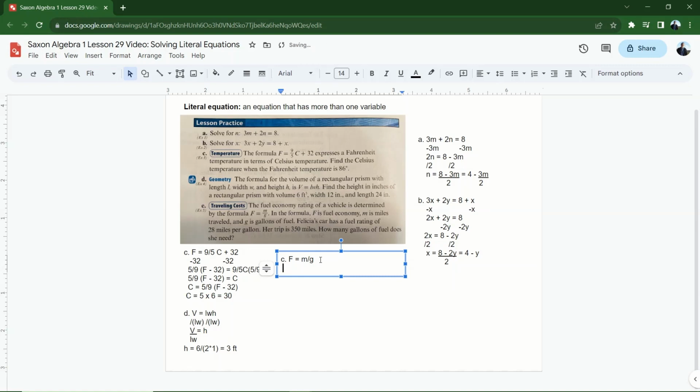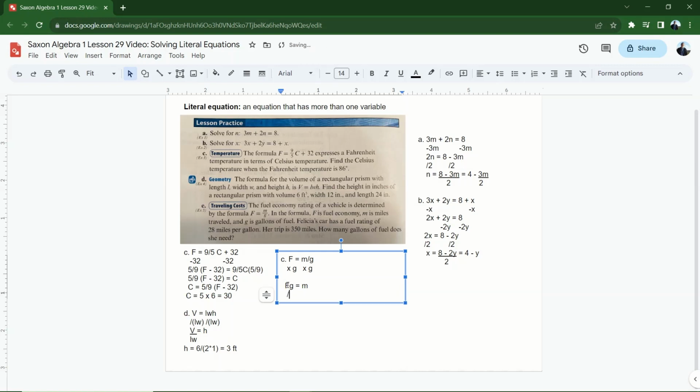Now, how am I going to do that? Well, I'm going to multiply both sides by G. If I multiply both sides by G, that gets G off the denominator over here and into the numerator. I need G in the numerator to be able to solve for it. So this is going to be FG equals M. Now I don't have G by itself yet.